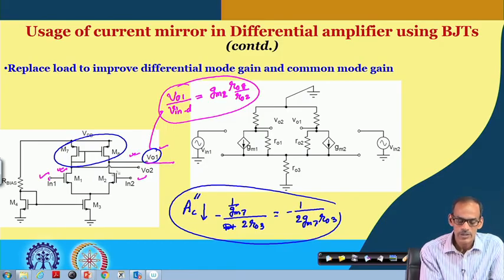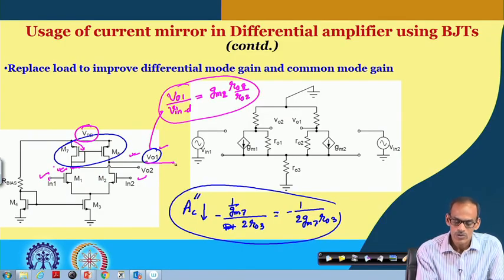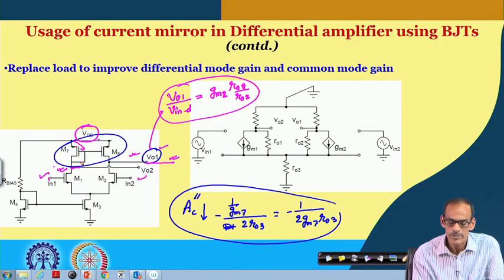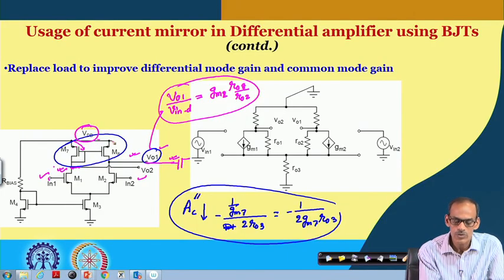In addition to that, since the DC voltage here is the same for the two nodes, the DC voltage here can be directly obtained from this node, and this DC voltage is with respect to VDD, or to be more precise, it is VDD minus VSG of transistor 7. So, this voltage can directly be used to bias a PMOS transistor in the subsequent stage.